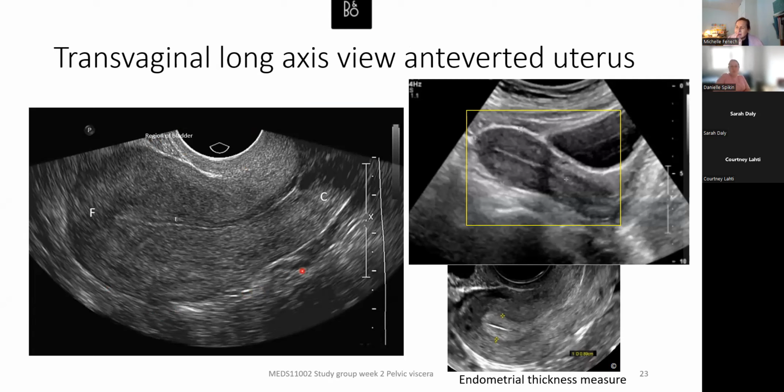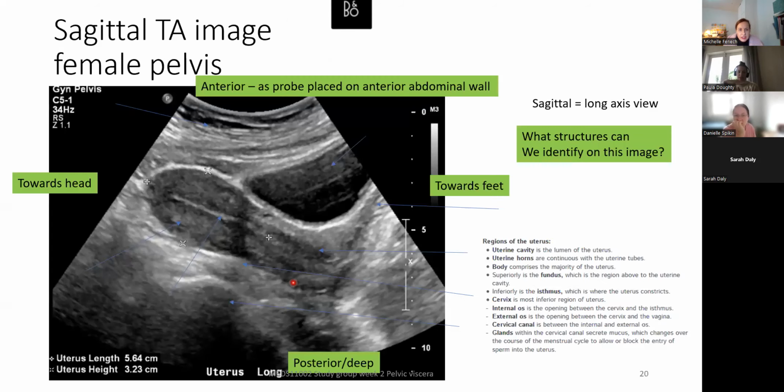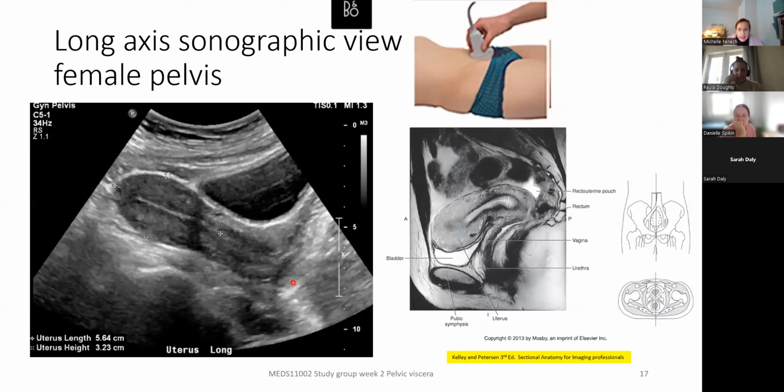I'm a bit confused because this person's got an empty bladder. So the vagina is sort of like... I'll show you what it's like. Think of it like this because the bladder's empty. When you put the transducer in, the transducer comes up to this point, and see how it would be meeting the uterus like a T?